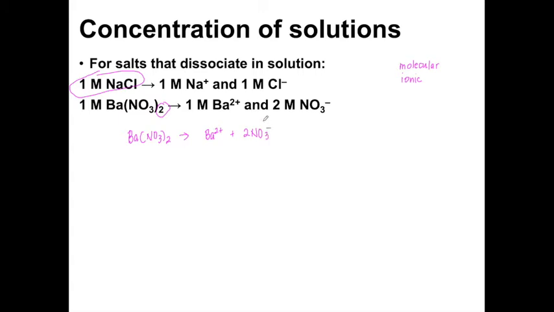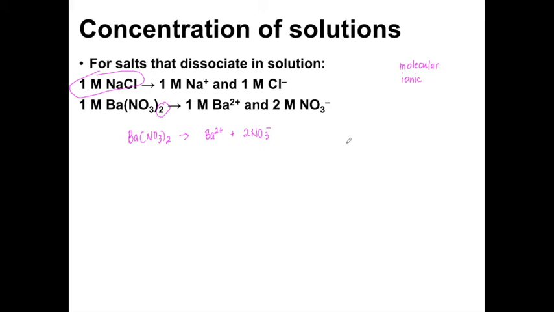If I have 1 mole of barium nitrate and I dissolve it in water, I produce 1 mole of barium and 2 moles of nitrate, because per mole of barium nitrate, there are 2 nitrate units. So in our 1 molar barium nitrate solution, what we actually have is 1 molar barium and 2 molar nitrate.